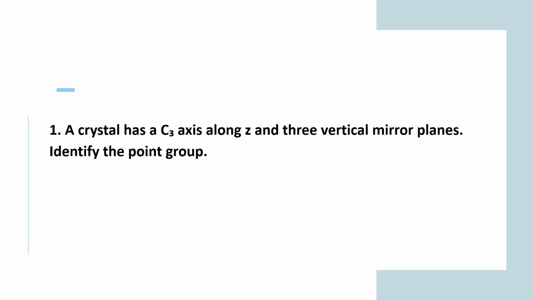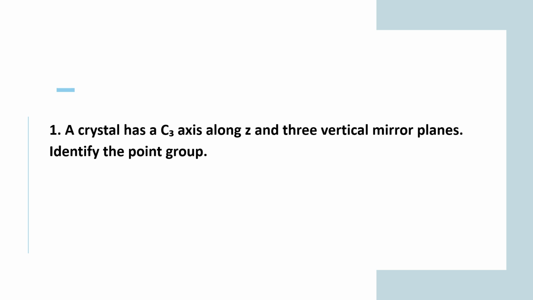A crystal has a C3 axis along Z and three vertical mirror planes. Identify the point group. So, in this question, we have a crystal which is going to give us the same structure if we rotate it by a C3 axis, which is nothing but rotating it by 120 degrees along the Z axis.